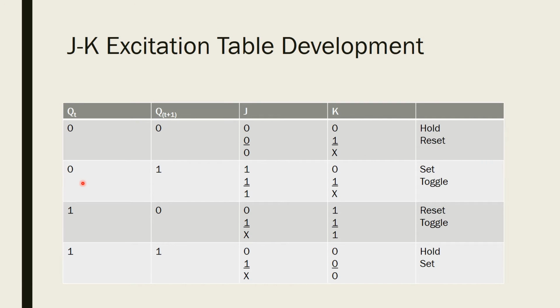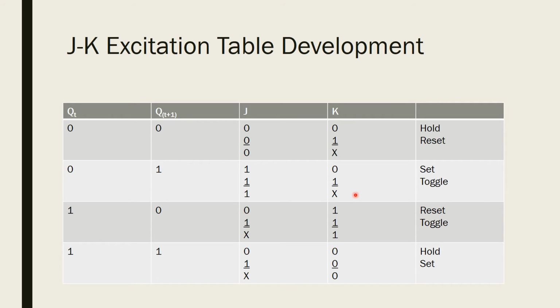To go from a present state of 0 to a next state of 1, the two operations that can be performed are the set and the toggle. Set is performed when J is equal to 1 and K is equal to 0. Toggle is performed when J is equal to 1 and K is equal to 1. These two operations are combined to give J is equal to 1 and K is equal to X or don't care.